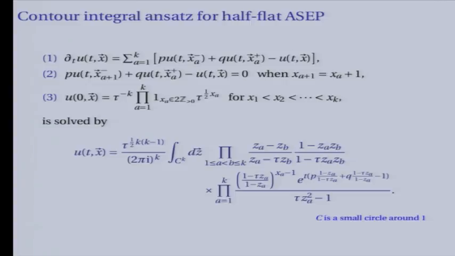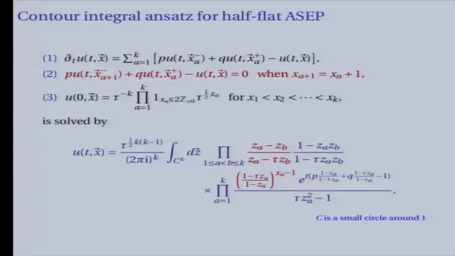So the idea is the following: I have to solve these three equations, and this structure here of having these double products Z_A Z_B over Z_A minus tau Z_B is what we get from the solution in easier cases. The important thing is that there's a certain boundary condition, and I have to find something that's going to satisfy it. Given this object here, one can check that the one thing that works and satisfies this boundary condition is to have this product here.